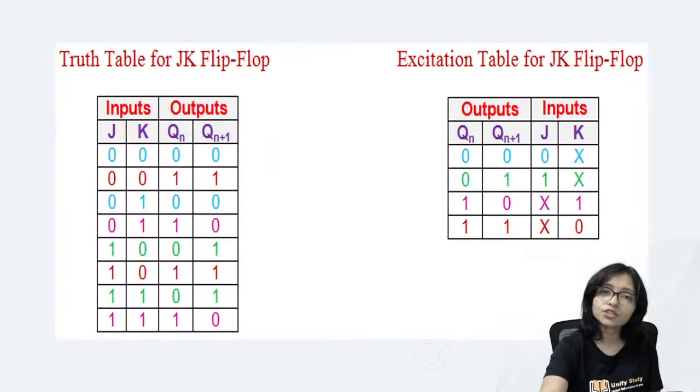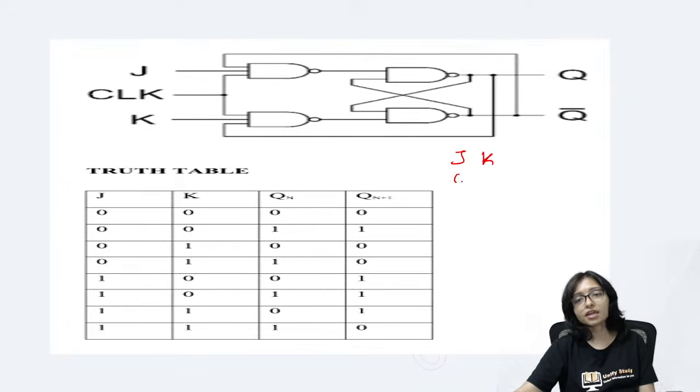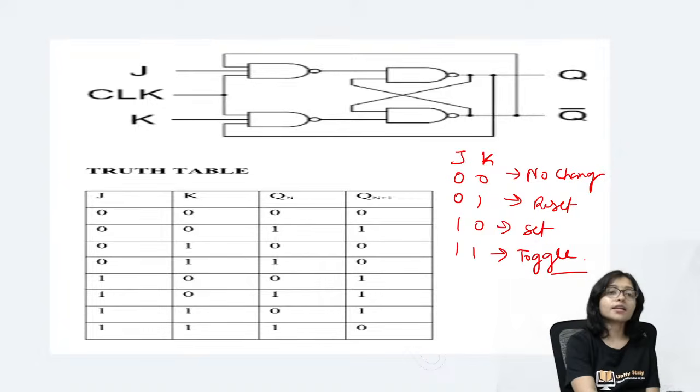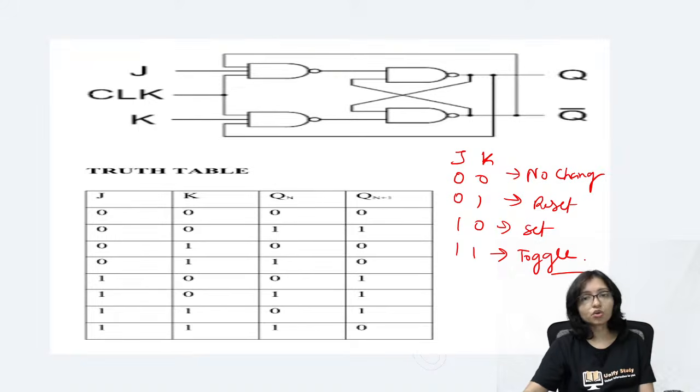In JK flip-flop, 0 0 is no change, 0 1 is reset, 1 0 is set, 1 1 is toggle. Other than that, no other difference is there. It is only toggle.